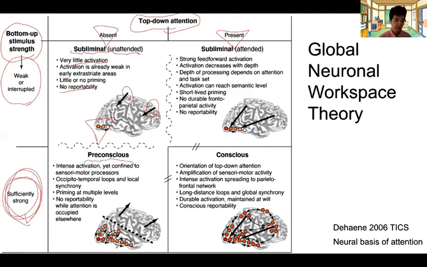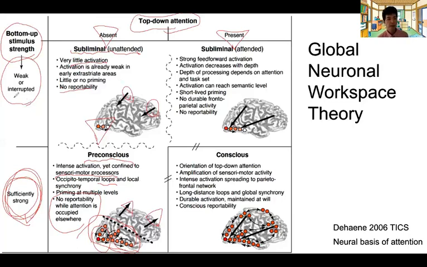It is an intense activation of the occipital area like V1 to V4, potentially FFA and also IT, but it's confined to sensory-motor processes. The occipital or temporal cortex generates some kind of loopy activity and local synchrony. And it still doesn't result in reportability because attention is now occupied somewhere else. And they don't call it conscious.